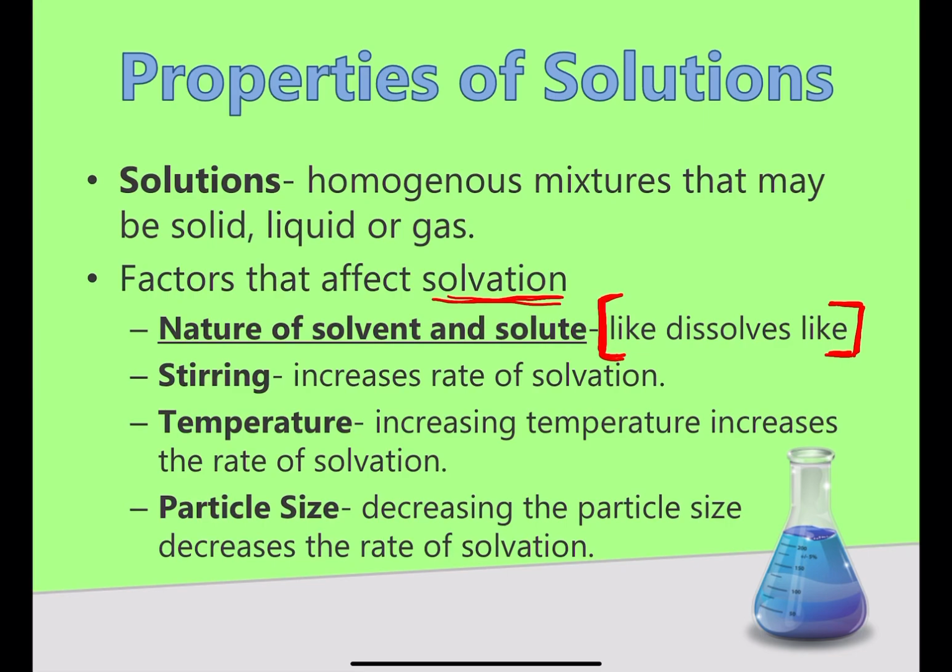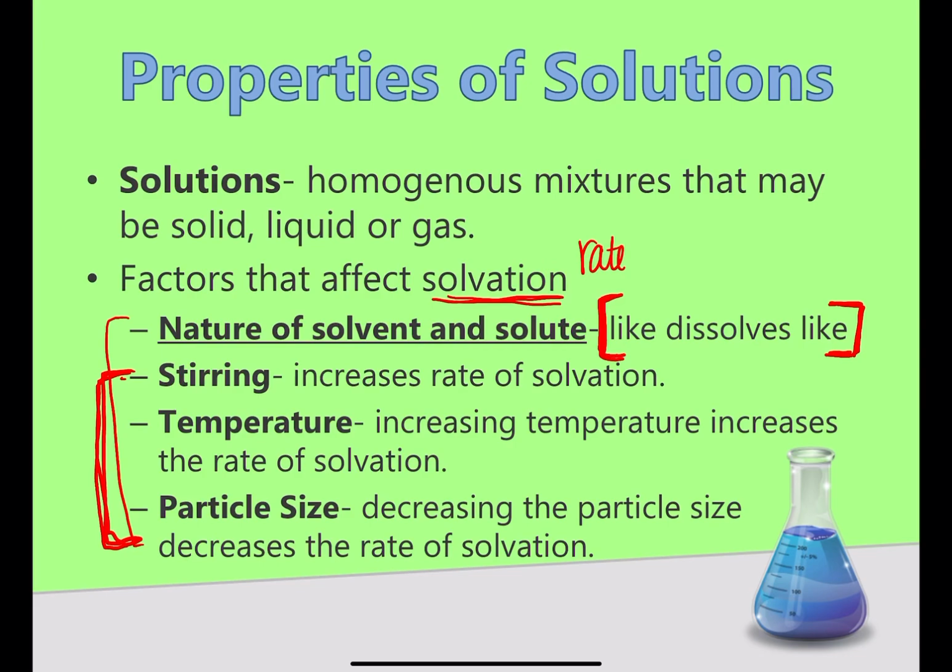So what I want you to know about these factors is it affects the rate, okay? All of these other factors don't determine whether it's going to dissolve, but it's going to affect the rate of solvation. So for example, stirring.